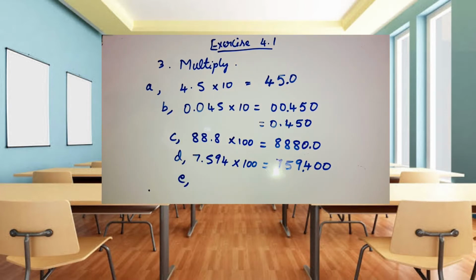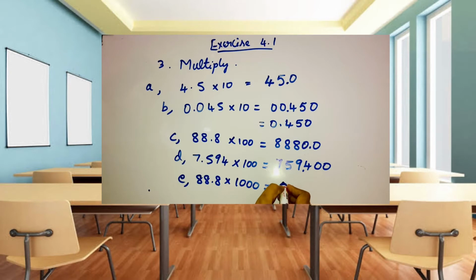Last sum: 88.8 into 1000. Here we need to multiply 88.8 into 1000. So we will be putting the same number, 888, followed by 3 zeros.